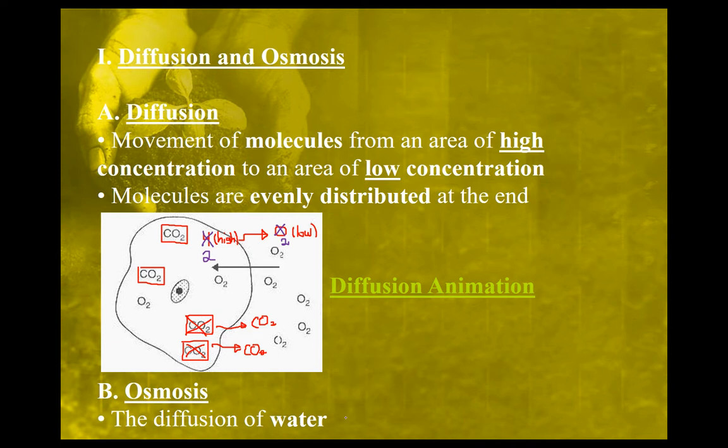So if we had, again, just draw two boundaries here. Okay, so this is area 1, and we have area number 2. We'll say that we have two water molecules in here, 0 in area 2.